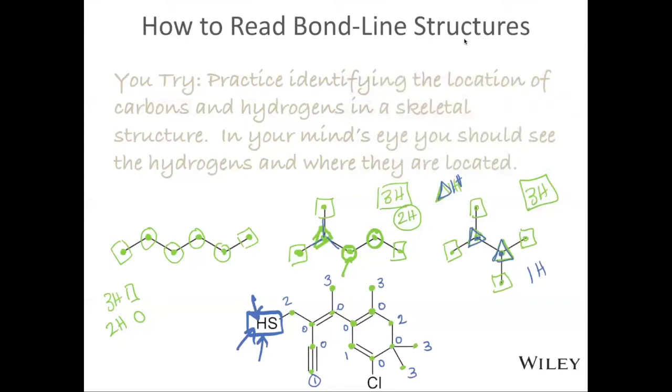And of course, down here we have chlorine. Chlorine needs to be included as well. So the only atoms we do not write are the carbon and the hydrogen. Carbons never get written. Hydrogens only get written if they're on a heteroatom. And then every other atom from the periodic table does need to be included in these line bond structures.